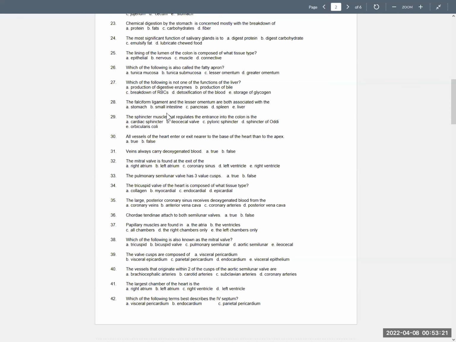The lesser omentum goes from the lesser curvature of the stomach to the liver also, and the back body wall. So liver is the correct answer for number 28. I've asked that question over the years, and it is one that usually costs people a point.